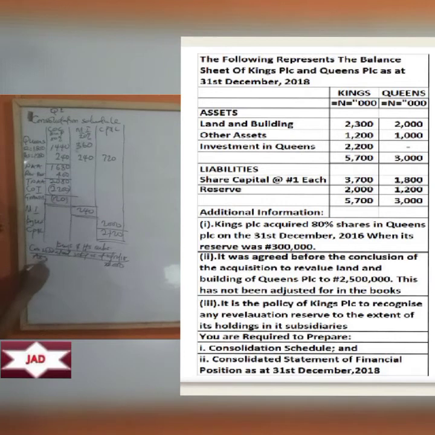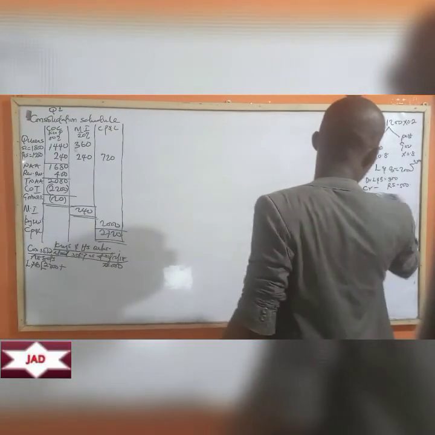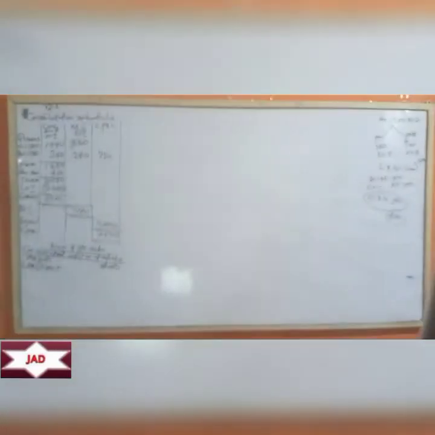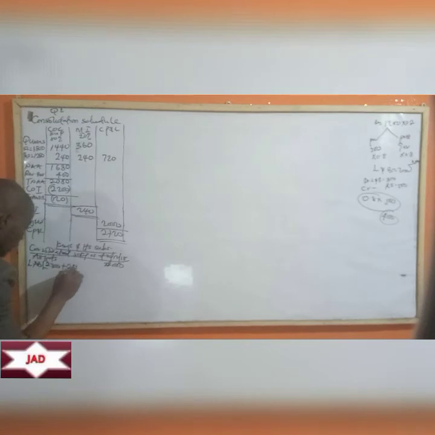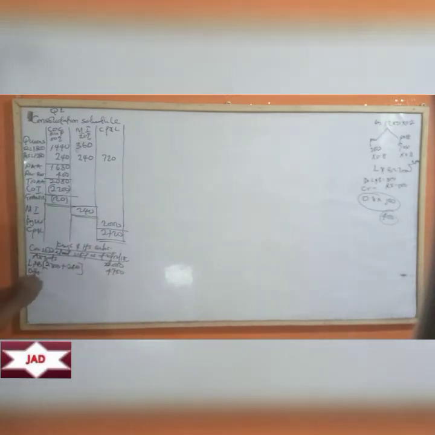So we have assets. What's the asset here? Land and building. That will be that of the holding company and the subsidiary. Holding company is 2,300 plus what out of the subsidiary now? It increased from 2,000 to 2,500. But remember, we only took it to the extent of the group shareholding, which is 400. So that will be 2,000 plus 400. That will be 2,400. So this will be what? 4,700.